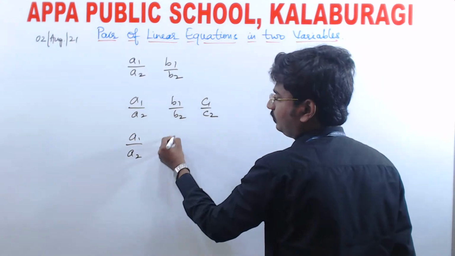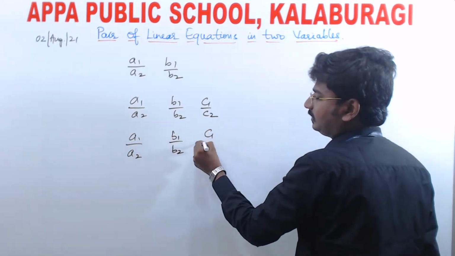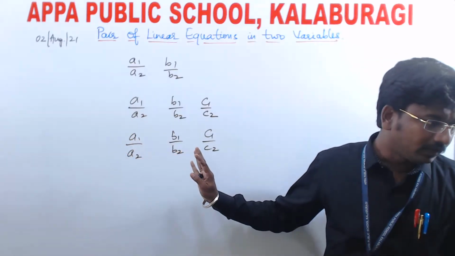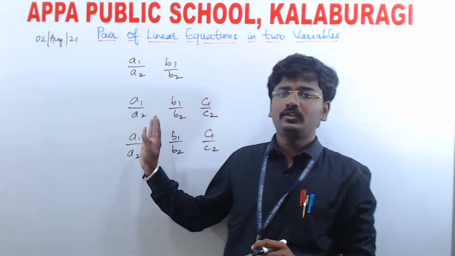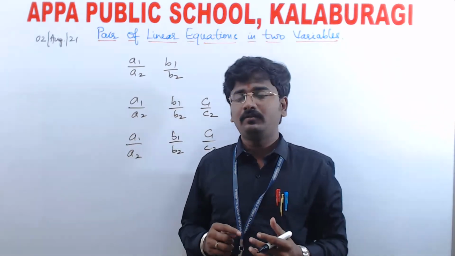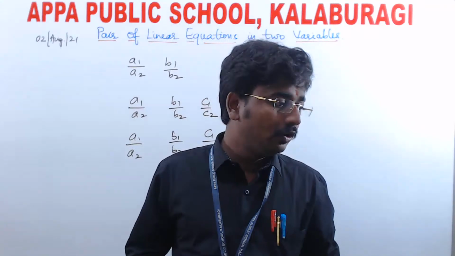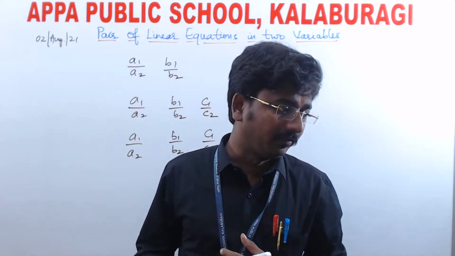Based on these three conditions only, we can say whether the lines intersect each other, are parallel to each other, or coincident with each other.